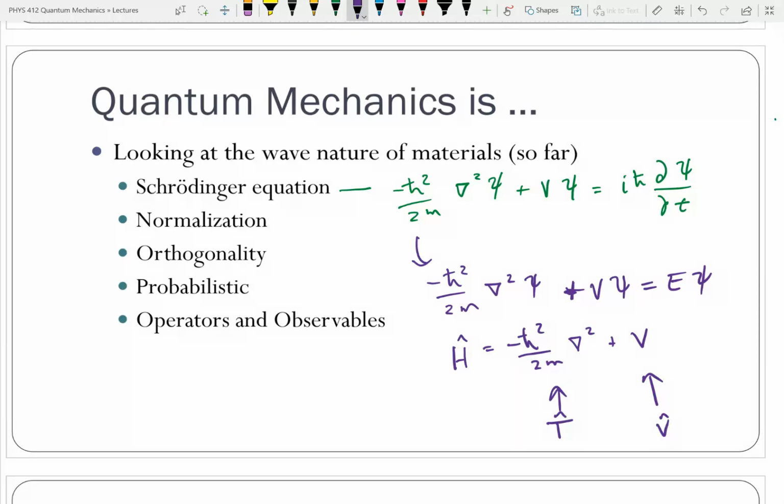So the left side is kinetic energy plus potential energy, and the right side is equal to total energy. That's what the Schrodinger equation is.